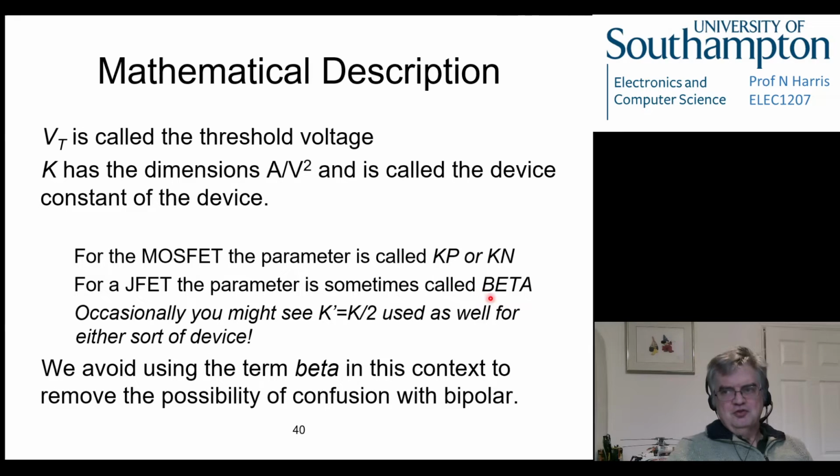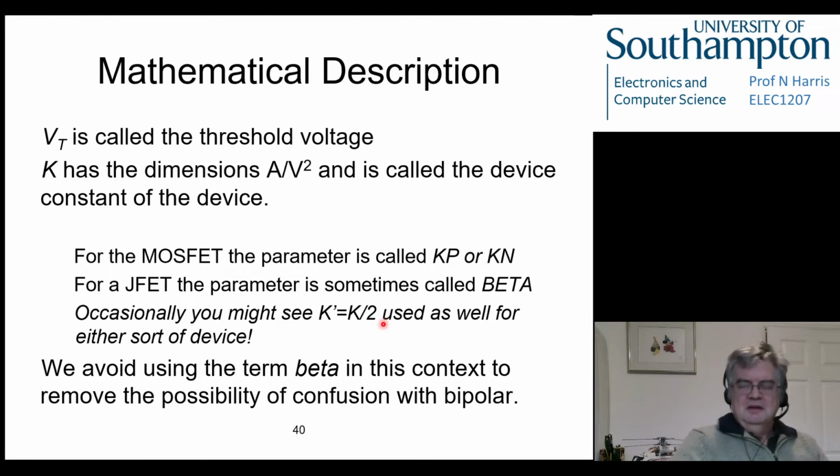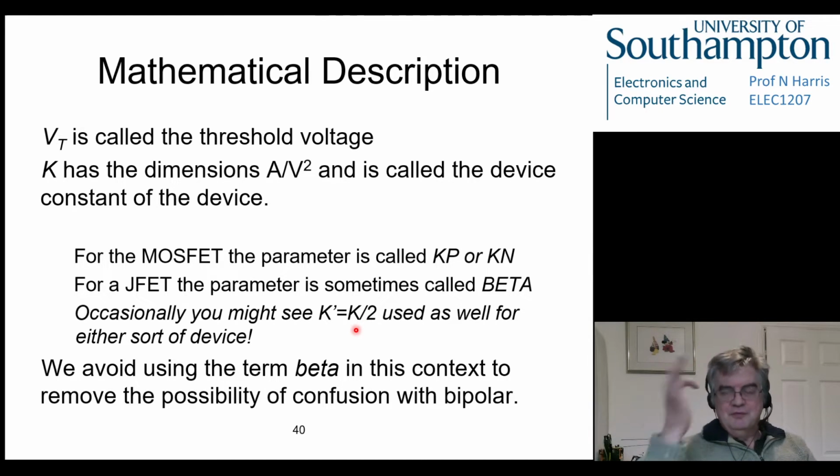So there's a lot of historical issues in terms of the notation of these things, particularly if you're new to the game. And occasionally you might see K dashed being used for either device, which is actually the equivalent of K over 2 in terms of numbers. So if you're looking at definitions of the maths for this in different books or different sources, you just have to be aware of which particular version of K they've decided to call K. Alright, so it gets a bit confusing.